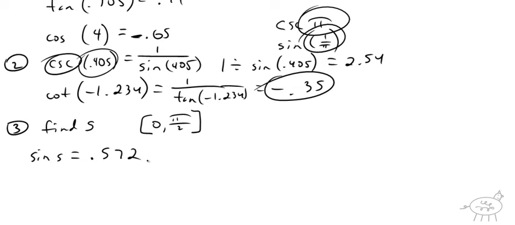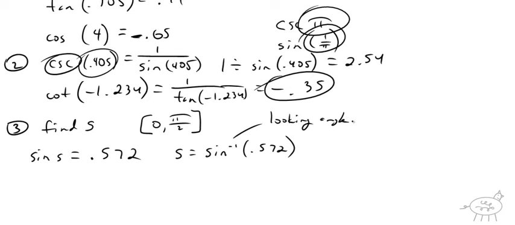All right. Well, what did we do before? We used inverse sine. That was really easy. So S is equal to inverse sine of 0.572. Remember, use the inverse button when you're looking for an angle or a radian measure.